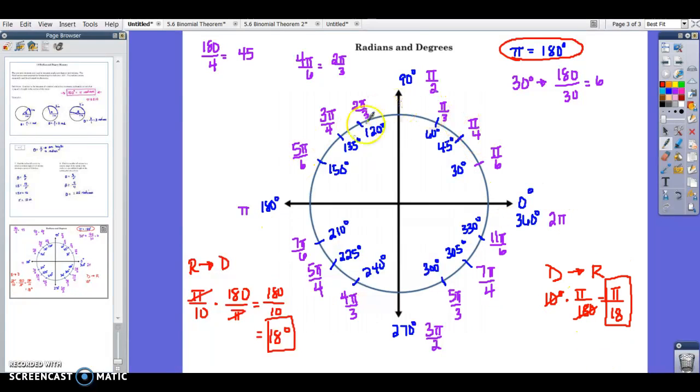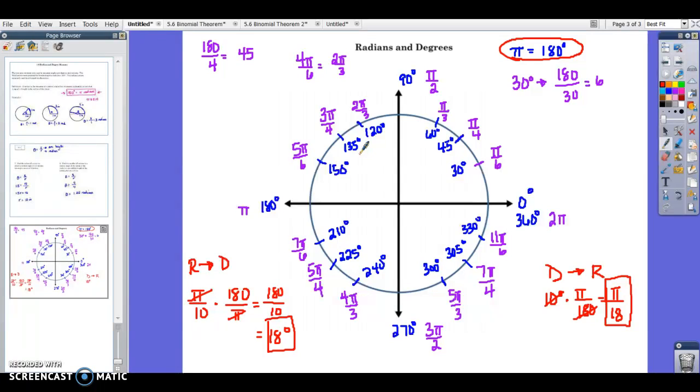A couple of other observations I want to make about this circle. These are the most common ones that you will use, but a few things I want you to notice. Remember that we're just taking increments of pi, depending on the degree measure that we're using. So for example, 30 degrees is pi over 6 increments.